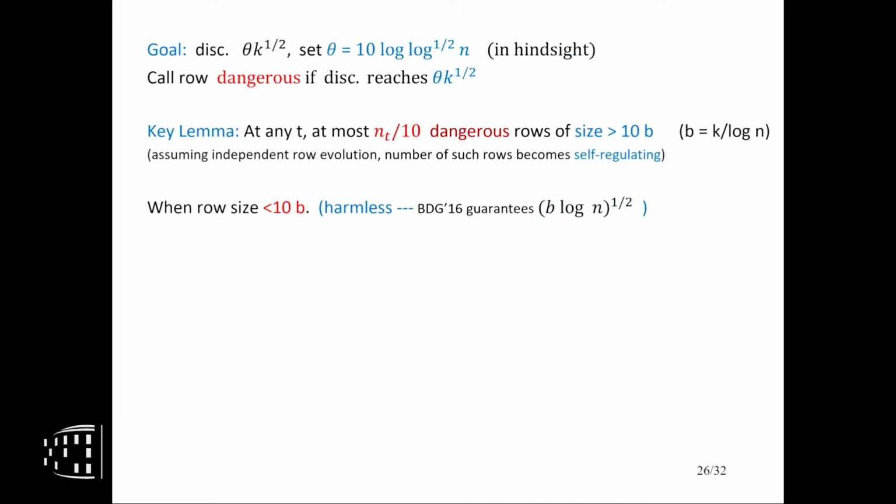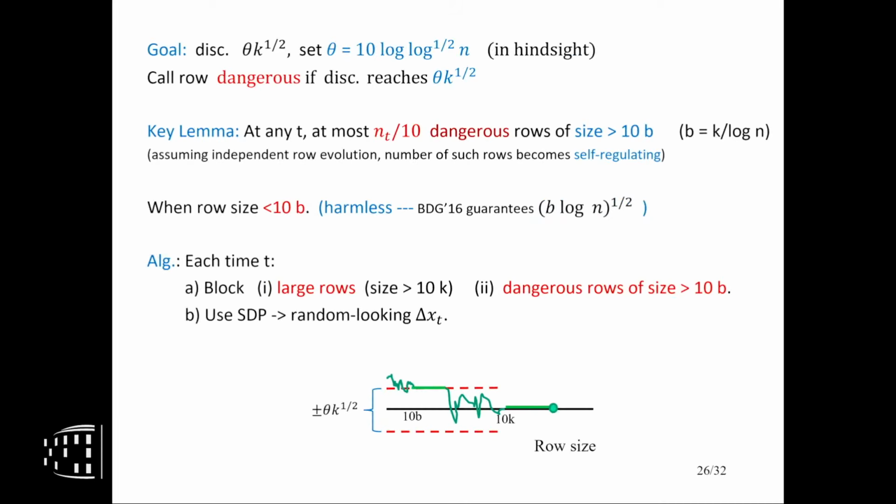And maybe let me just quickly sketch. I won't do any proofs. Let me just sketch the key lemma. So suppose my discrepancy target is still theta root k, but now my theta is like root log n, much more ambitious. I'll still be able to show that if this independent evolution was happening, then with high probability at any given time, at most nt over 10 rows will become dangerous, and which are still reasonably big.